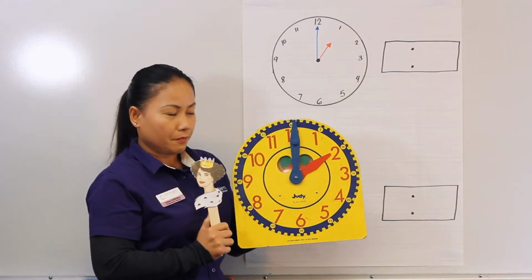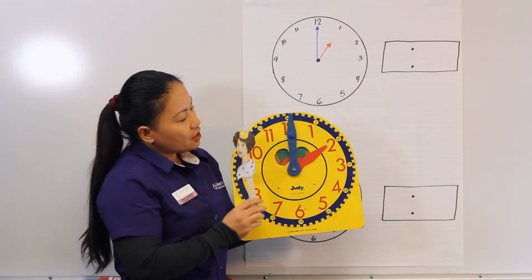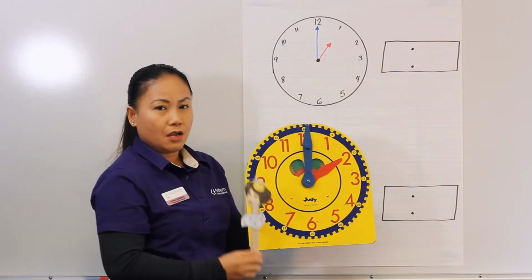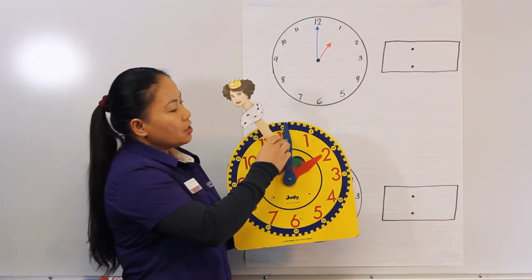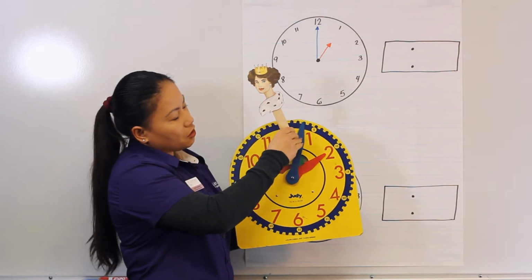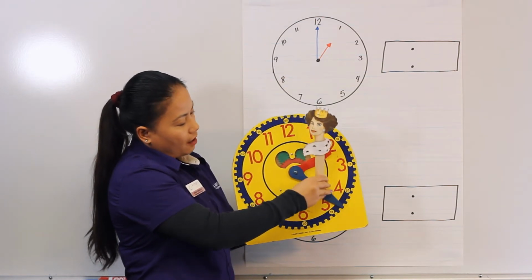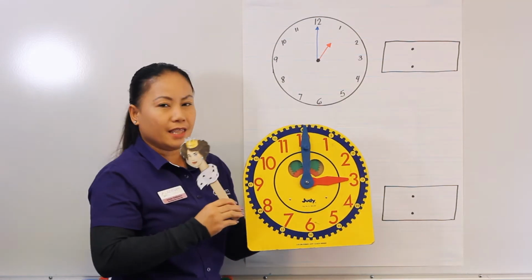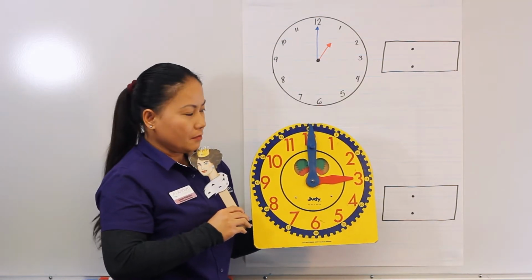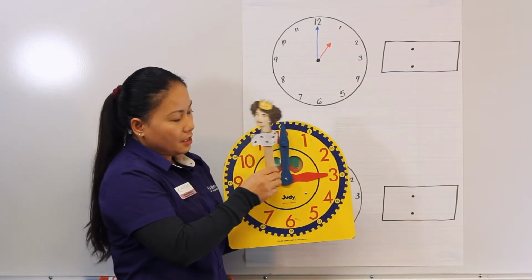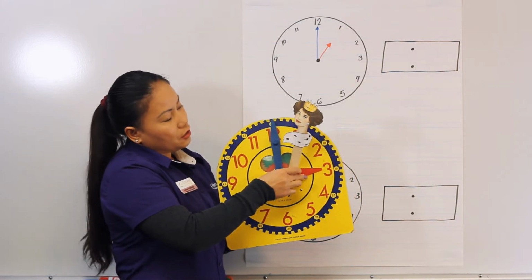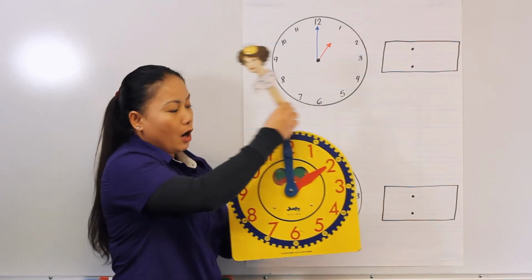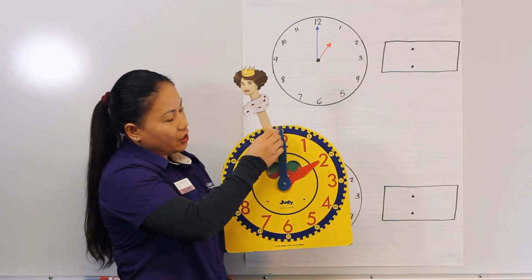Now Princess Schlichter is going to walk around the clock one time. So now what do you think the time is right now? 3 o'clock. Very good.